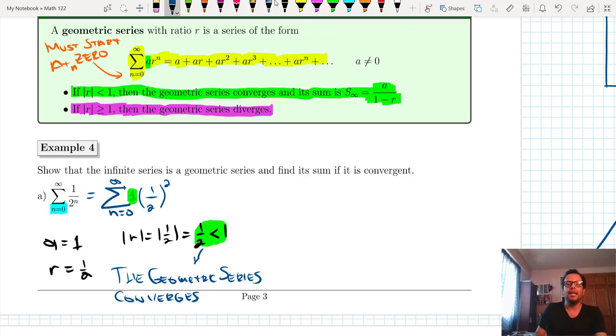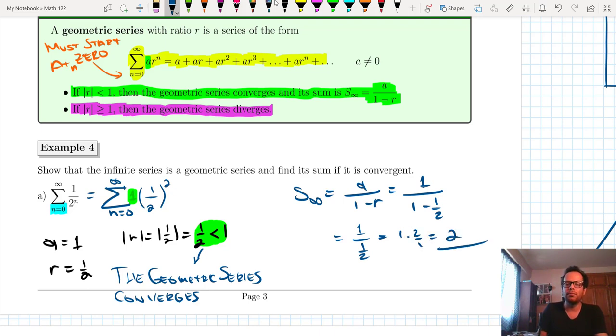Okay, now let's find its sum using the formula S sub infinity equals a divided by 1 minus r, in which a is 1 and r is 1/2. Let's subtract a half from 1. We get 1/2 in the denominator. And then dividing by a fraction is the same as multiplying by the reciprocal, which is 2. Okay, so that is the sum.